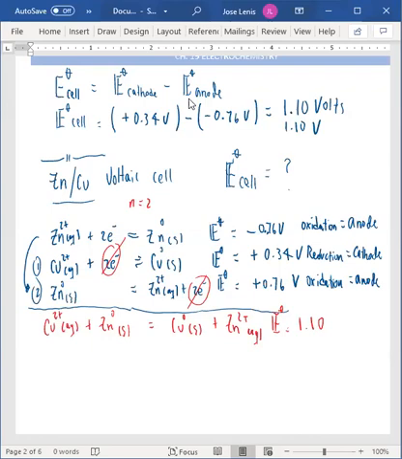And once you identify the oxidation half reaction, you need to reverse it from the original one that you found on the table of standard reduction potentials. And you find the potential of the cell, 1.10 volts.